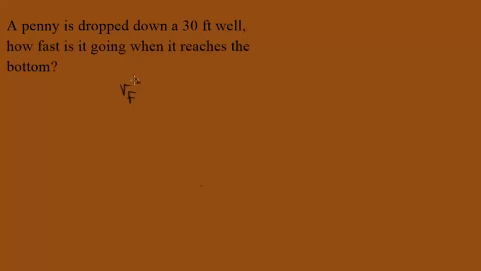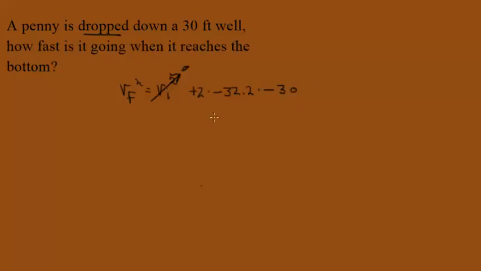So final velocity squared equals initial velocity squared, which is 0, plus 2 times acceleration, minus 32.2 feet per second squared, times distance displaced, which is minus 30 feet.